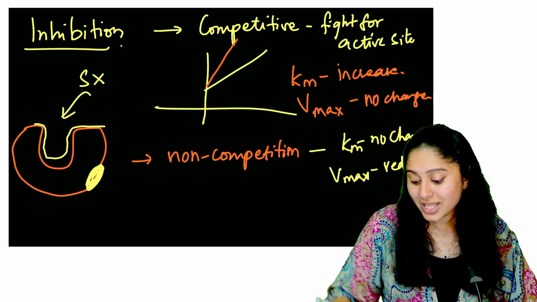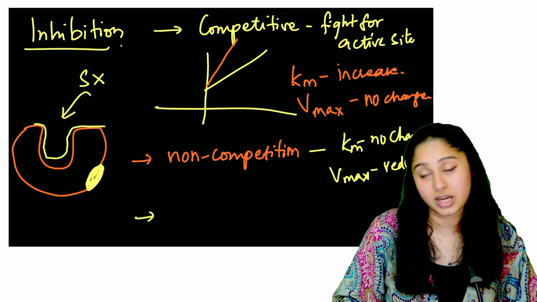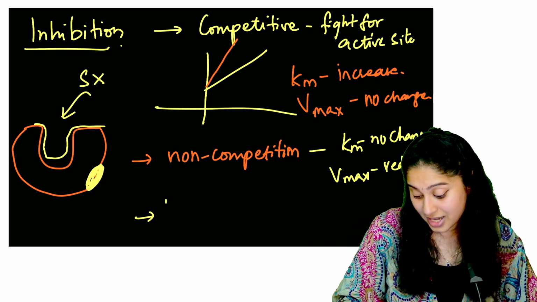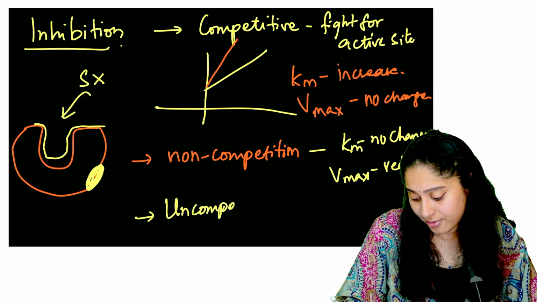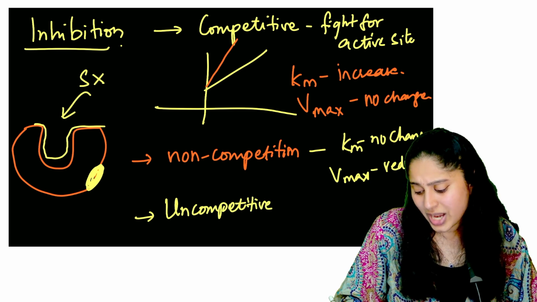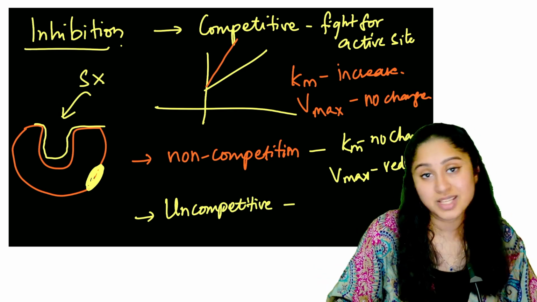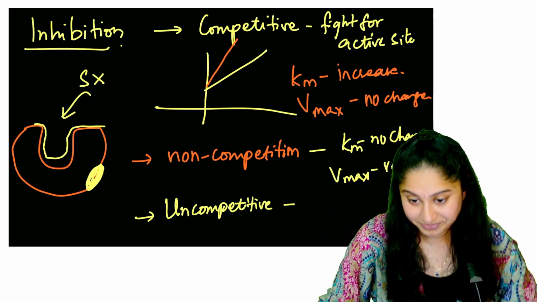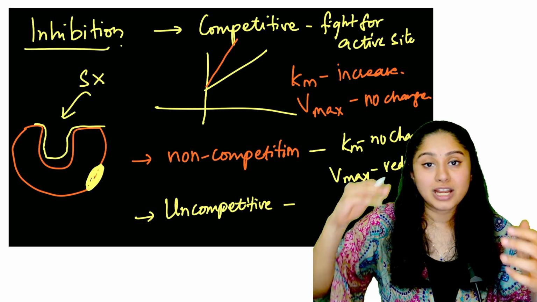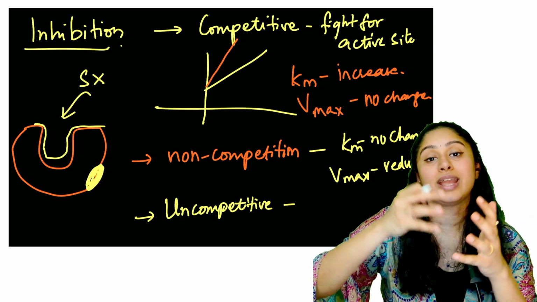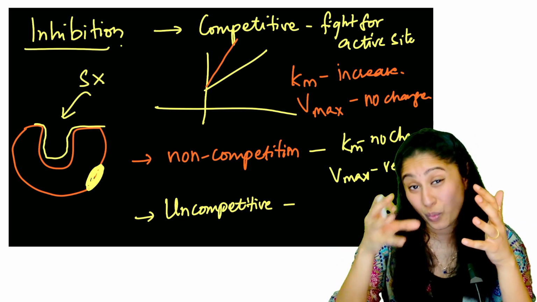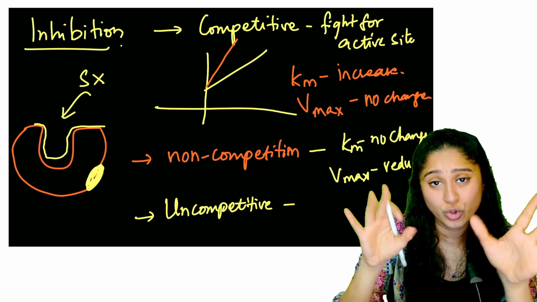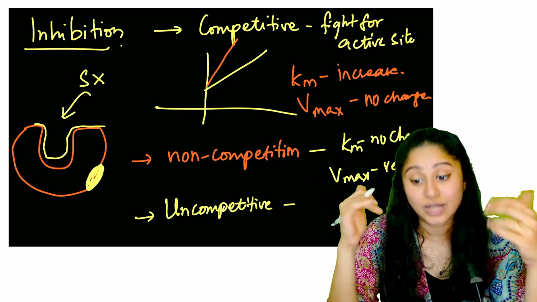Now there is another type of inhibition, which is called uncompetitive inhibition. In uncompetitive inhibition, my entire enzyme substrate complex is locked. If I lock my entire enzyme substrate complex in a way that no matter what you do, you cannot change it into a product, then what will happen?